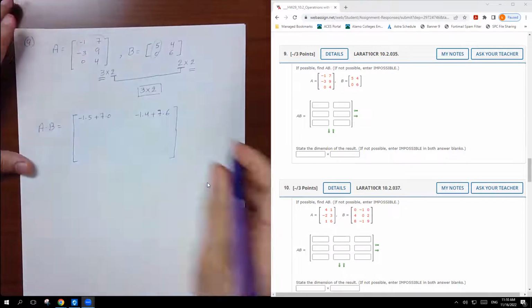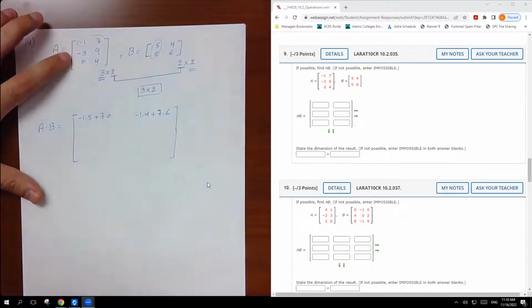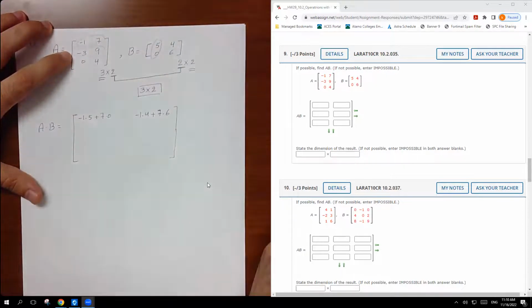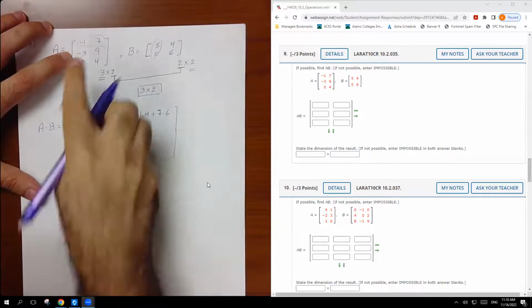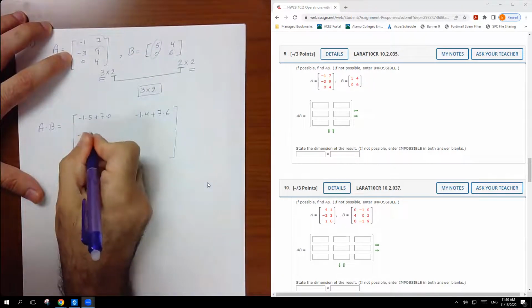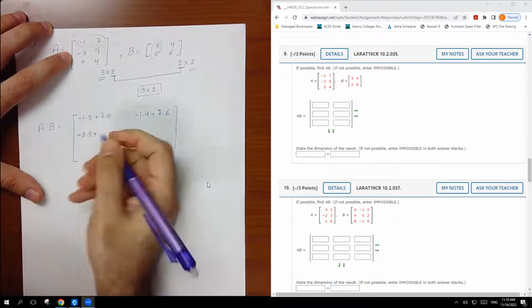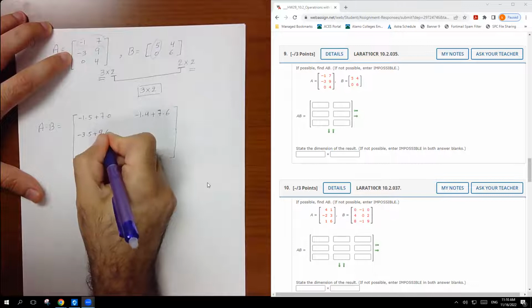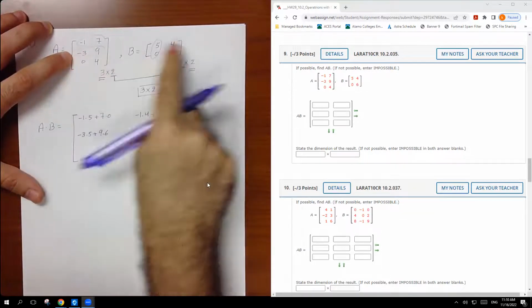Now, we're done with the first row. Let's go to the second row. The second row with the first column. So here's going to be -3 times 5 plus 9 times 0. I made a mistake here. The second row with the second column.